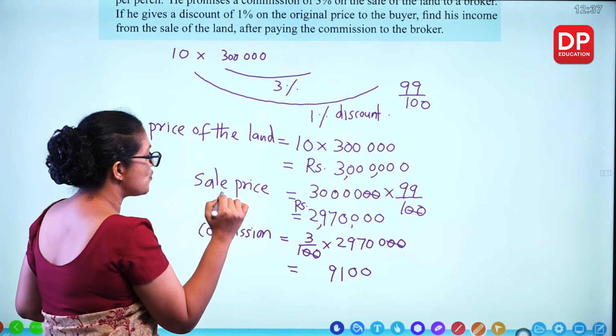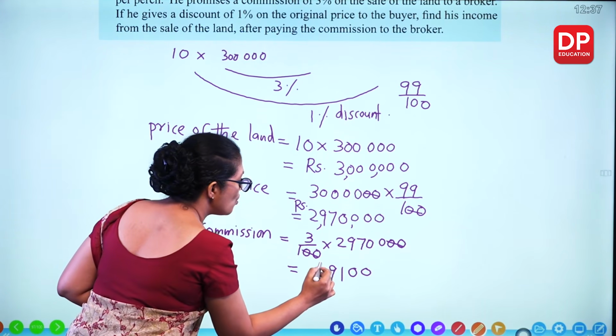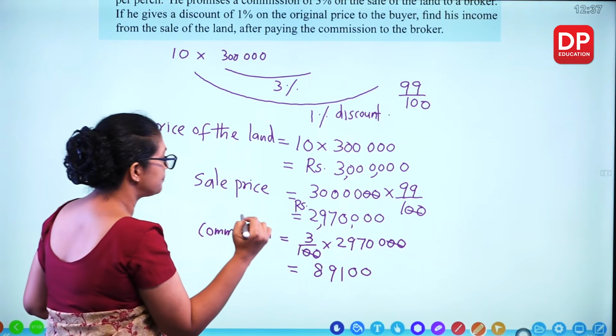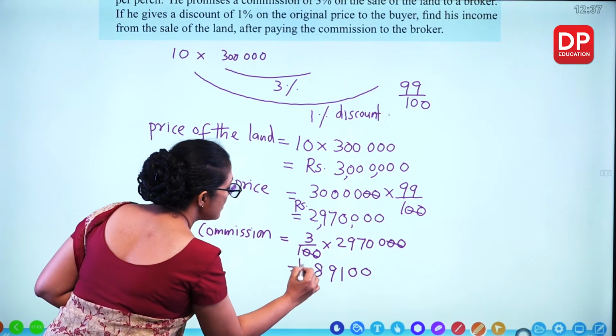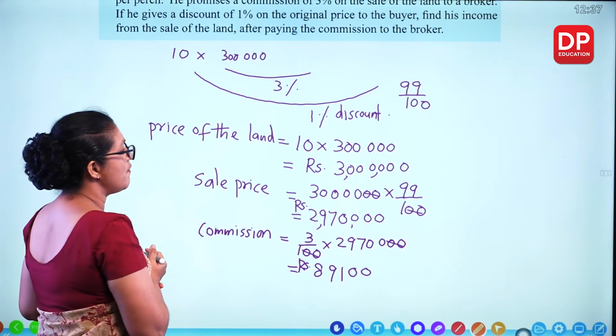And 3 times 2, 6 plus 2, 8. So 89,100 for the commission value.